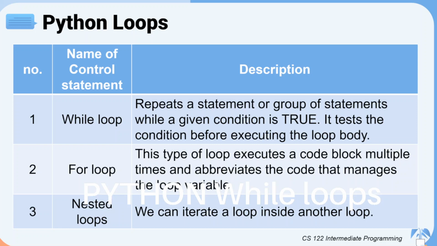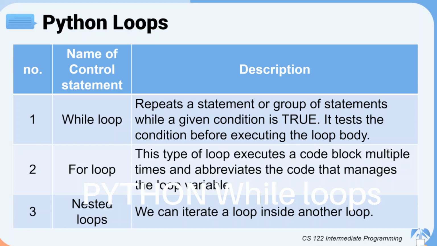Now, the for loop will also do looping execution inside the code block multiple times. They can be related to each other, or you can combine them, or apply nested loops. When we say nested loops, we can iterate a loop inside another loop.